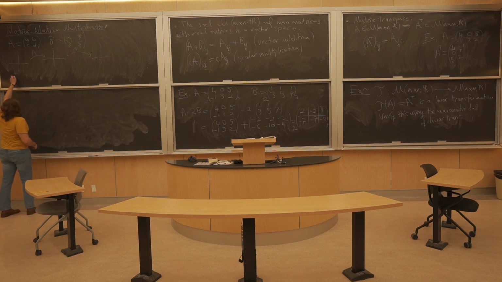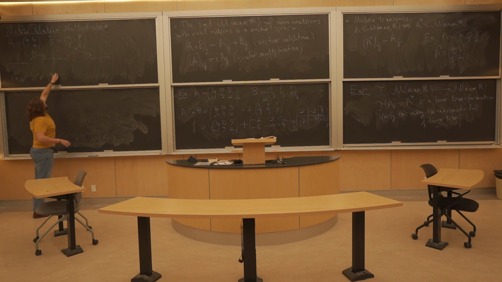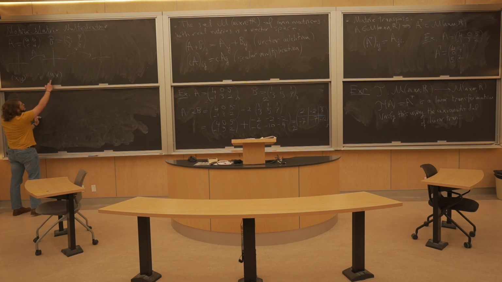So horizontal axis is u, vertical axis is v.